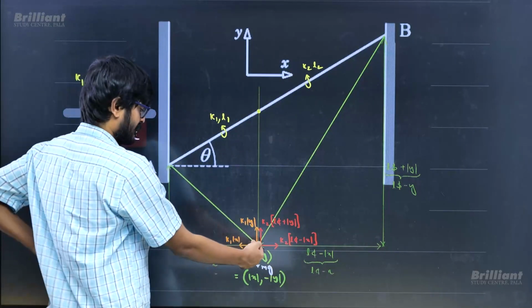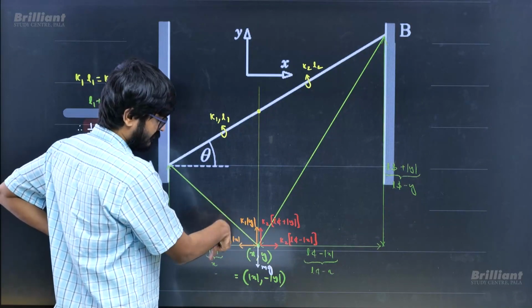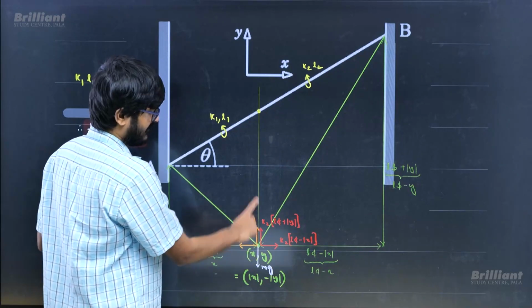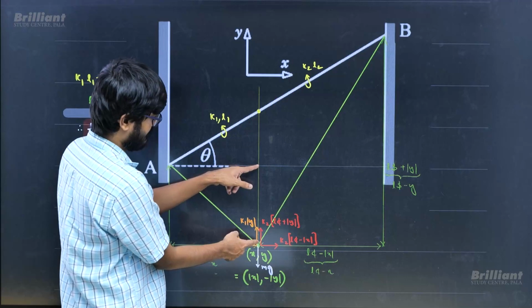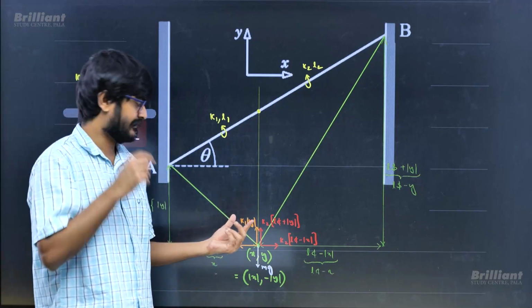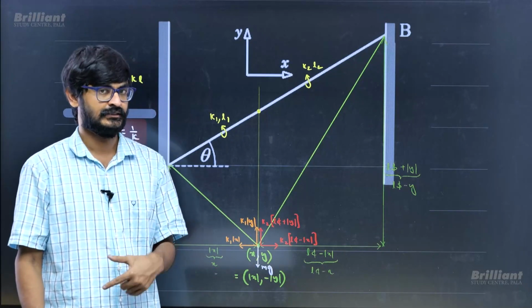Now this force is going to be K into this length. Its horizontal component is going to be K1 into this length component. Similarly, this force is going to be K1 into this length. This is happening just because the natural length is 0.